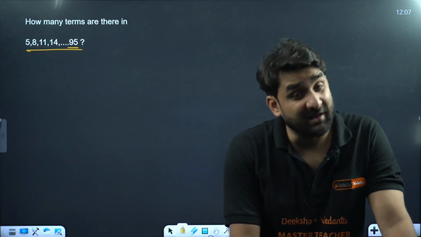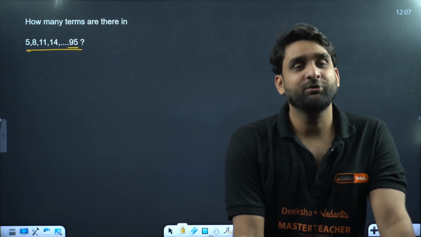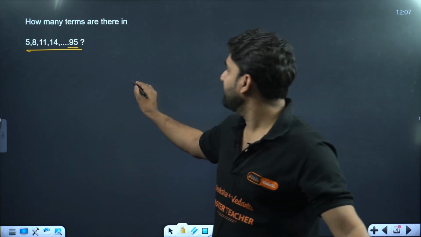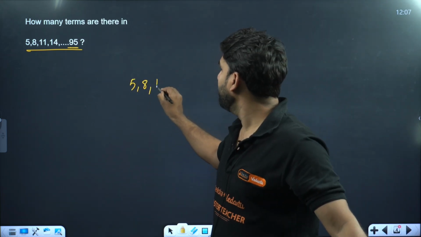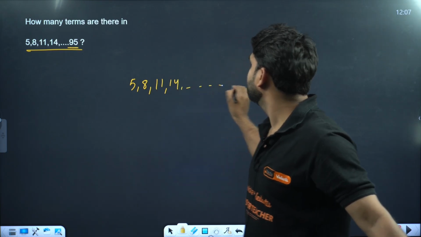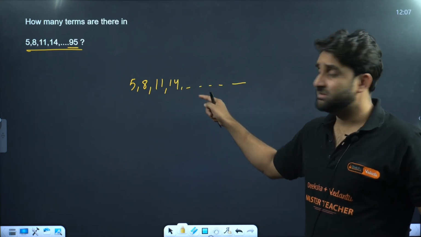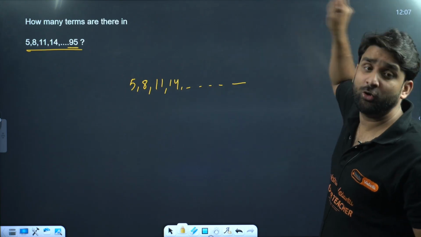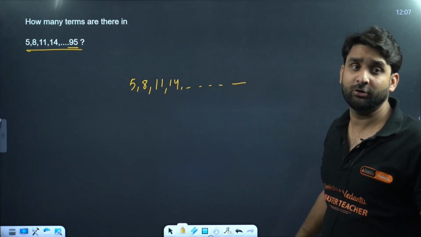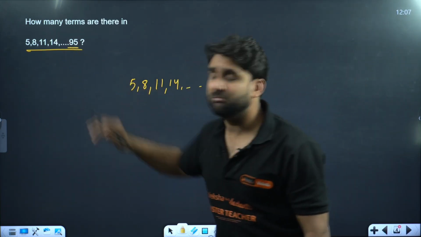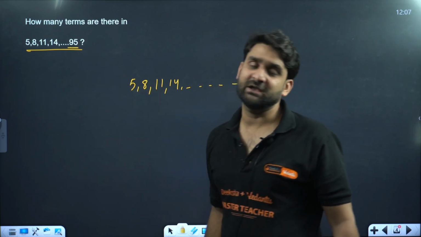So 95 is the last term. Are you getting my point? If the AP would be like this, what does it represent? It represents that this AP is going till infinity. We don't know where the AP will be ending. But here this AP is limited because the last term is 95.